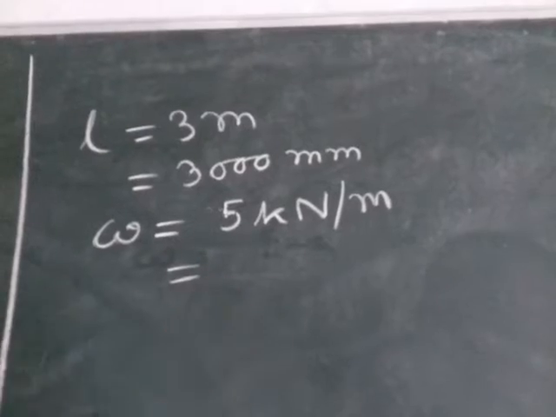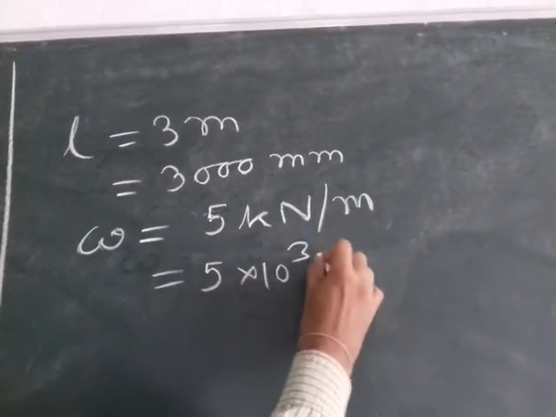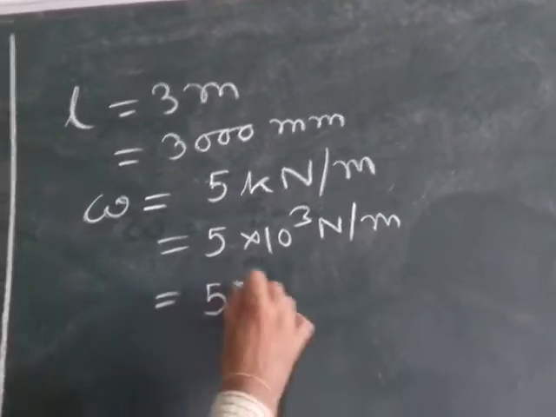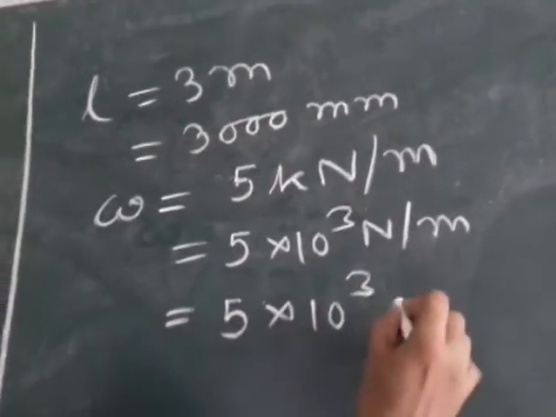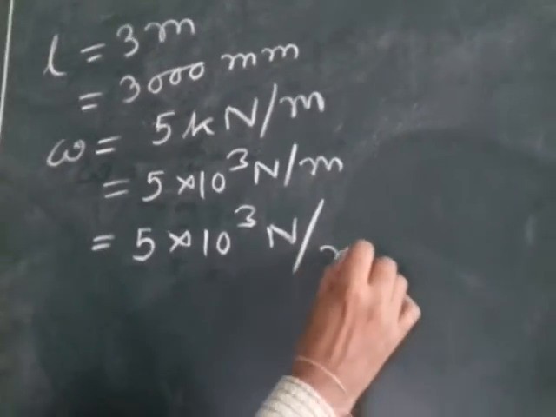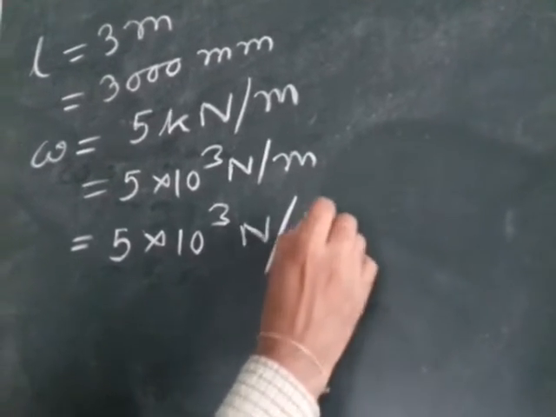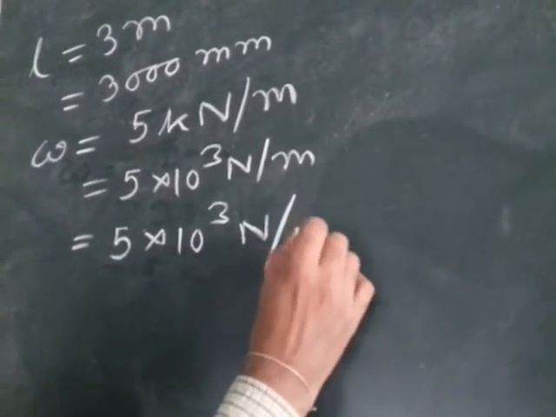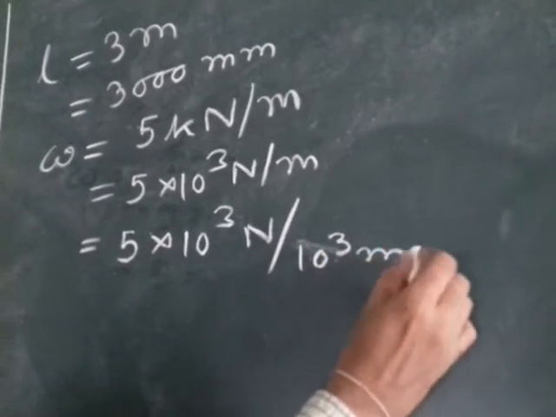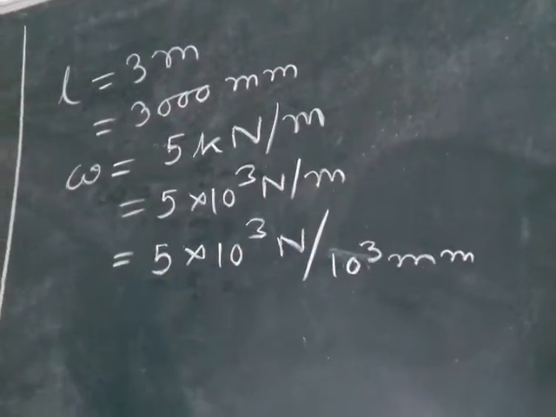We can write it as 5 into 10 to the power 3 Newton per meter, equal to 5 into 10 to the power 3 Newton per 10 to the power 3 mm, as 10 to the 3 mm equal to 1 meter.